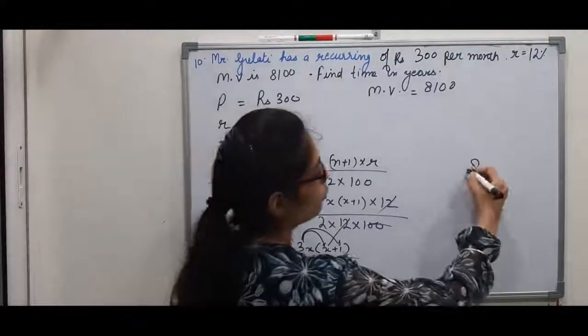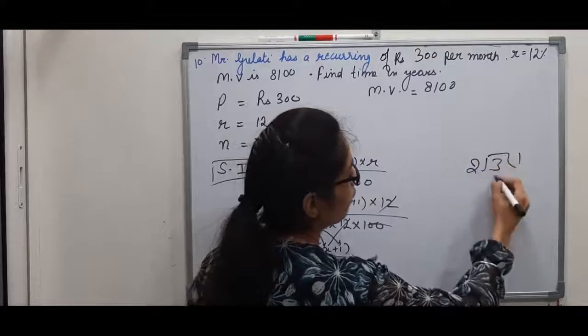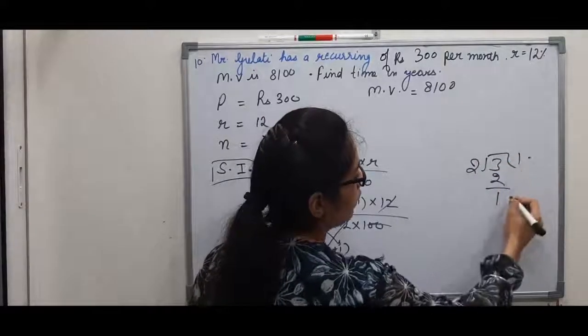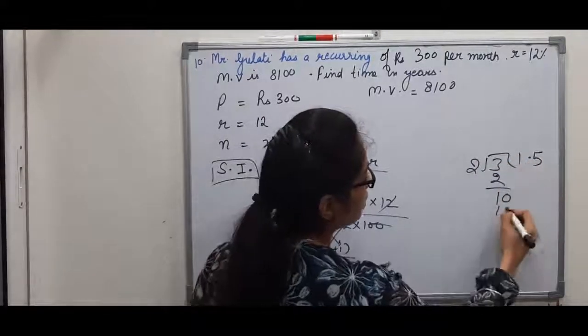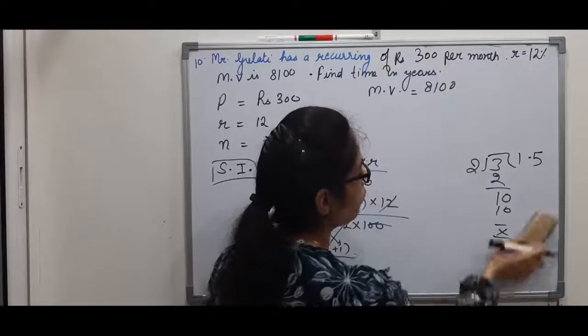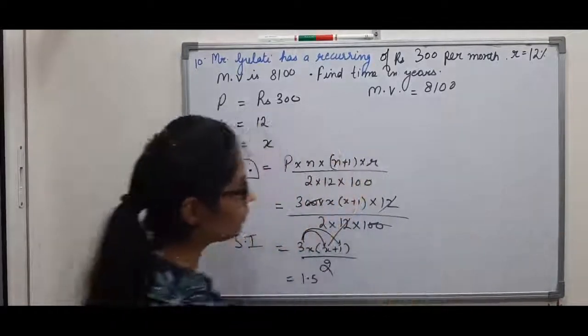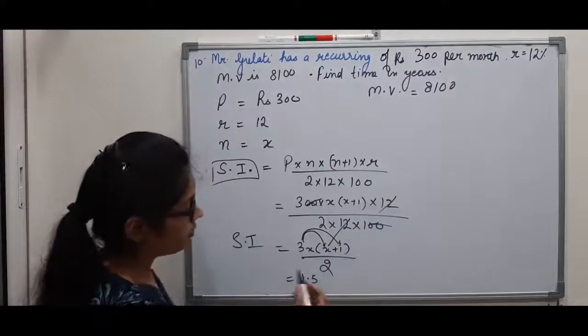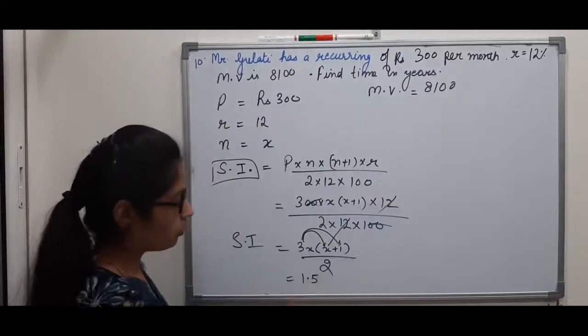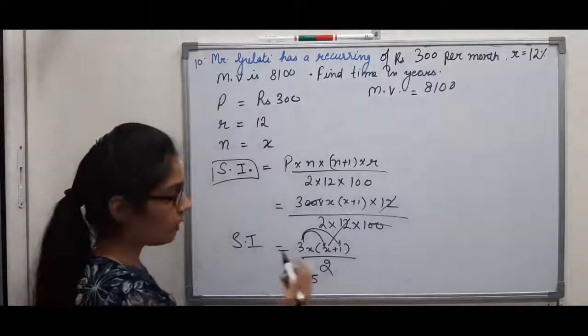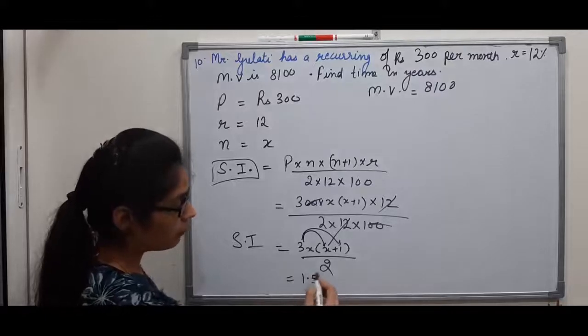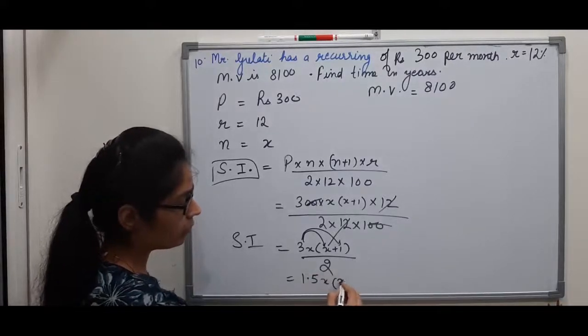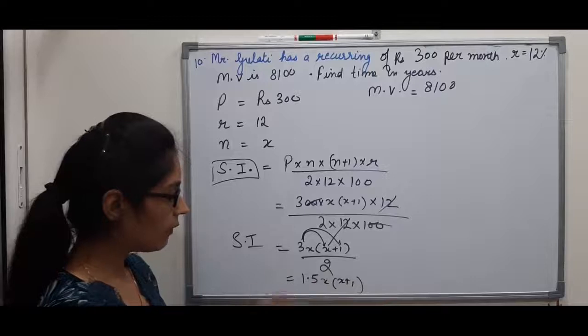You can see 2 into 1 is 2, here I will put the decimal, 2 into 5 is 10. So this is 1.5. I am sure every one of you knows how to do division and how to put the decimal. So it will be 1.5x into x plus 1. This is what I have got now.